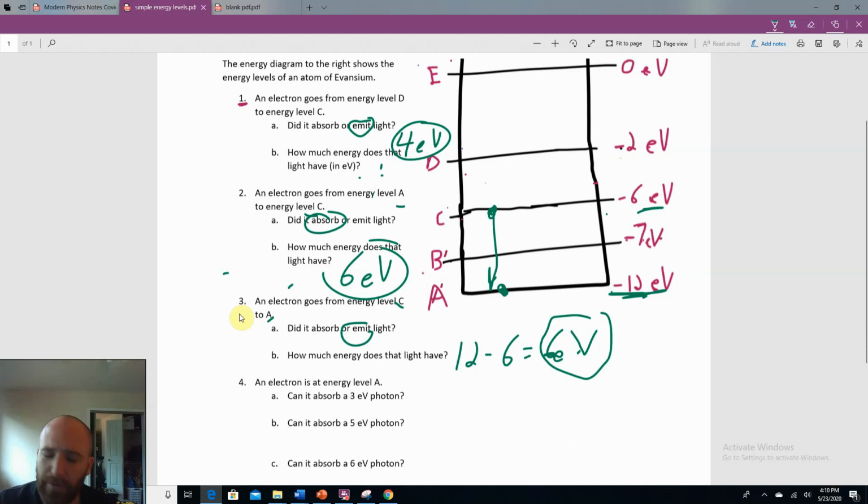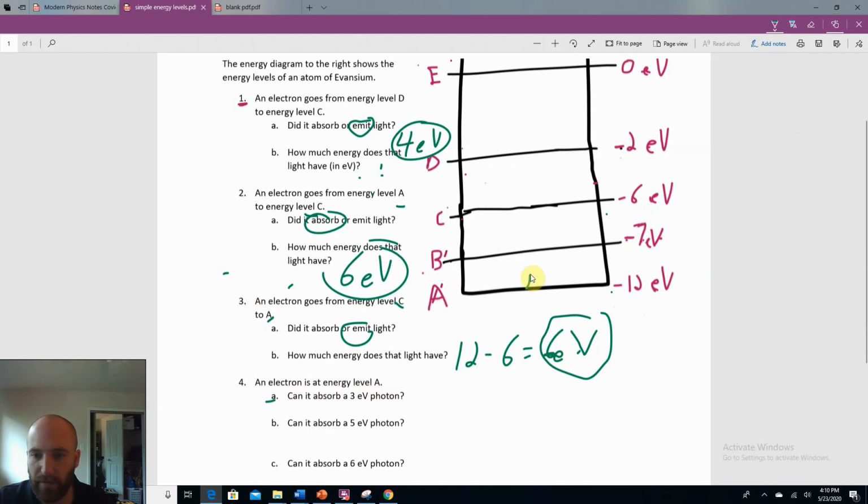The last sort of thing I could ask here is, an electron is at energy level A. Can it absorb a 3 electron volt photon? So think about this for a second and try to answer it to yourself. We're at energy level A. Can we absorb 3 electron volts? Let's think of that like this. We're at energy level A, right?